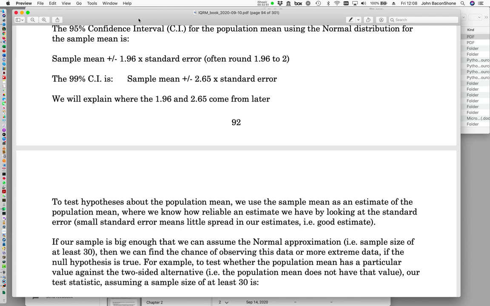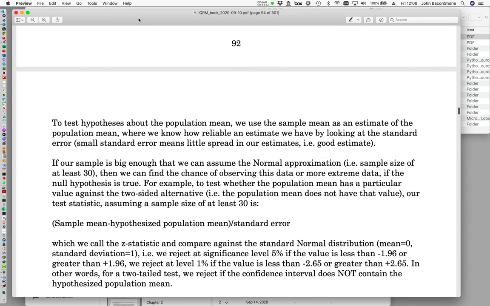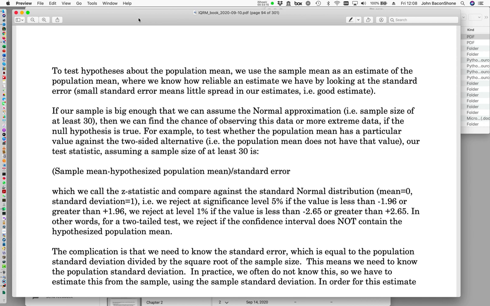To test whether the population mean has a particular value against the two-sided alternative, meaning the population mean does not have that value, which was our first alternative just now when we were looking at the proportion of boys in our school population, our test statistic is the sample mean minus the hypothesized population mean divided by the standard error. This is what we call the Z statistic, and we can compare this to the standard normal distribution.